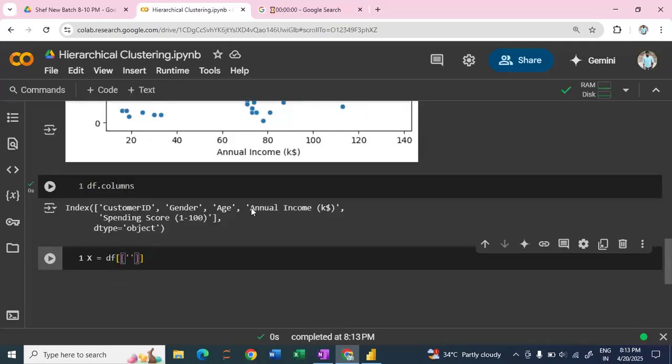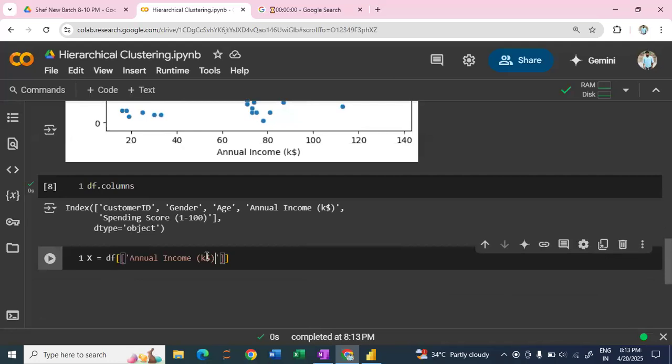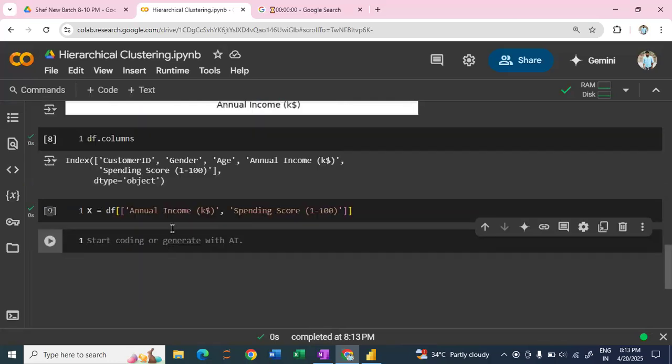I want annual score, I mean annual income, and I want... Now what we are doing here.